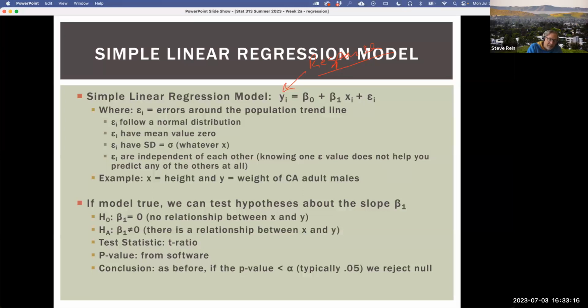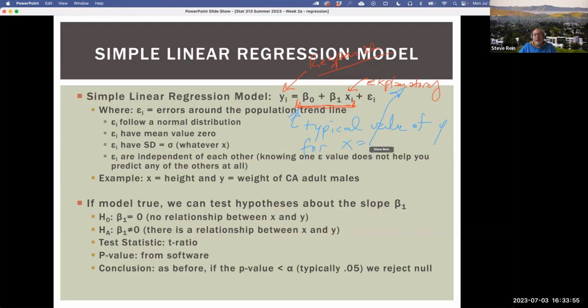Here is a linear trend relating Y, the response variable, to X, the explanatory variable. So that's the explanatory. And so you might think the height of a person could be X and Y could be that person's weight. So beta 0 plus beta 1 times X, that pair is the typical value of Y for X equaling the particular value that you are using.